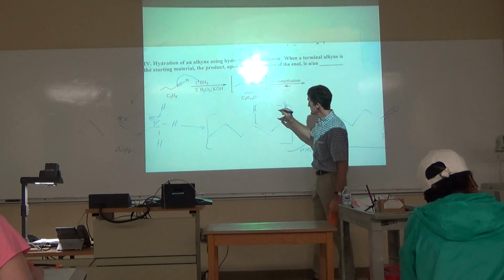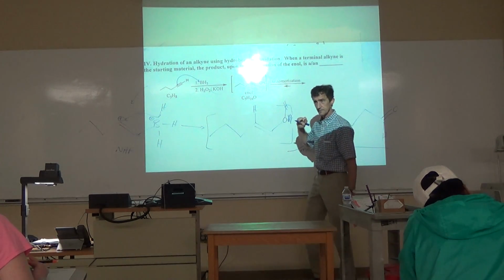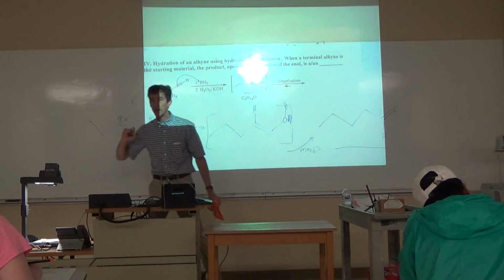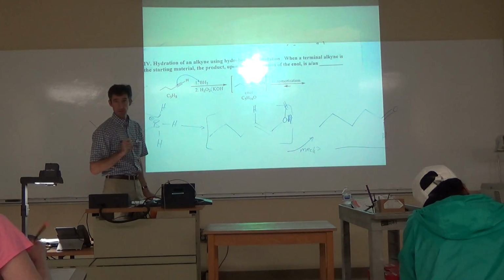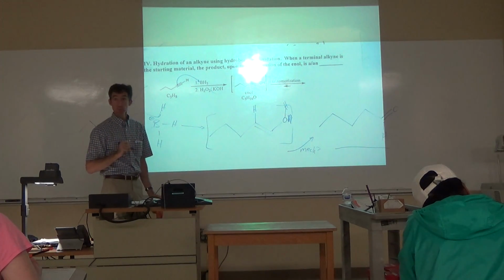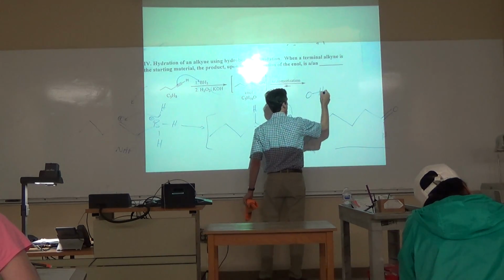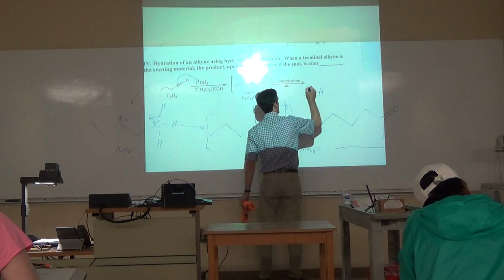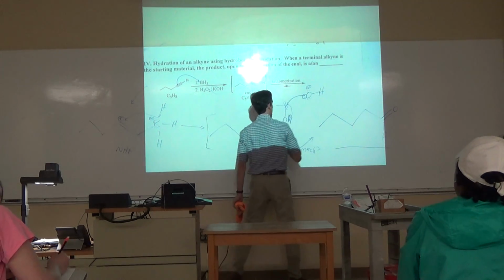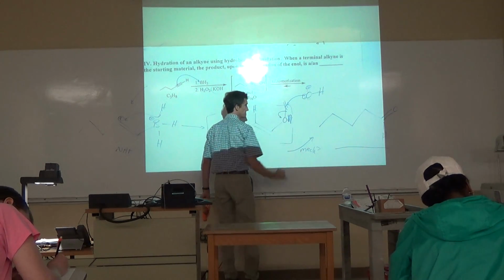And the first step is what? H off. What H do you want to take off? The one that needs to be removed. Which one needs to be removed? That one. What do you want to take it off with? Hydroxide, the base. These electrons take the bond to the H. These stay behind.